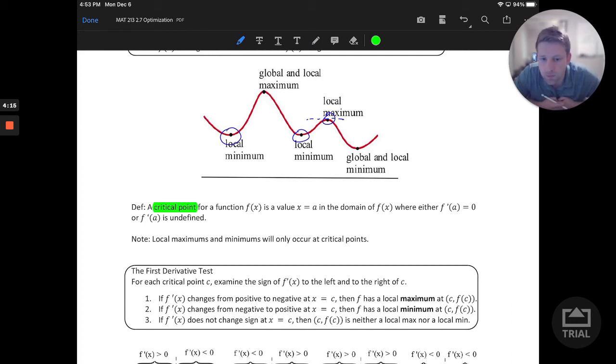At either of those types of points, we would say that critical points could exist for our function.